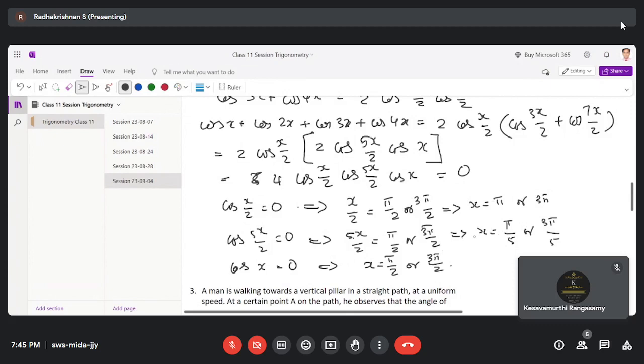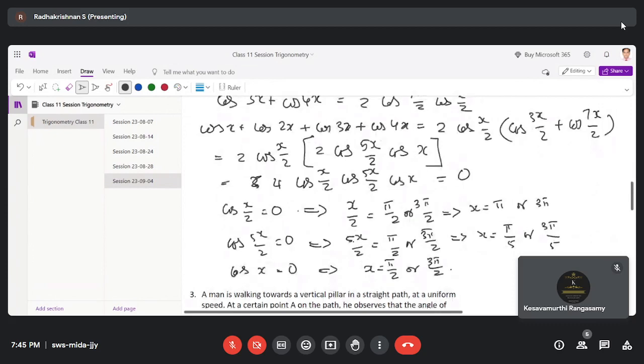But x is in the range, they are given x is in the range 0 to 2 pi, right? So this is okay, but this is not okay. This is not in that range 0 to 2 pi. So this is okay. This is less than 2 pi, less than 2 pi, less than 2 pi. So these are the 5 values which are less than 2 pi.